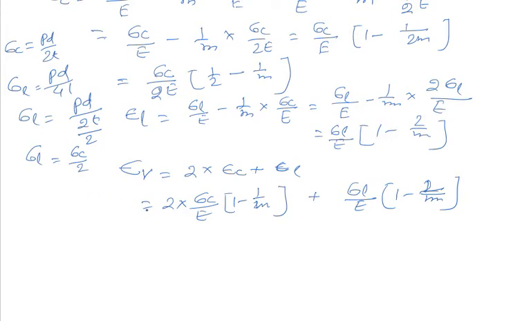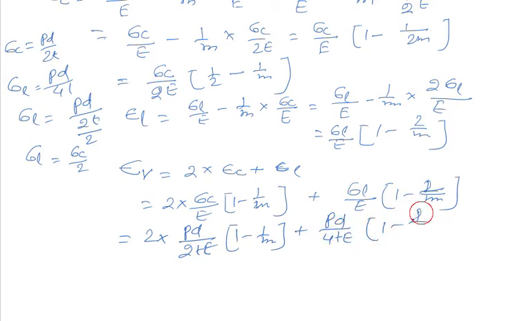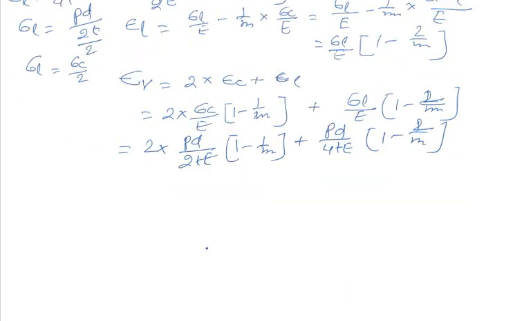Now let's put the value of sigma c is PD by 2 TE into 1 minus 1 by m plus PD by 4 TE into 1 minus 2 by m, correct.